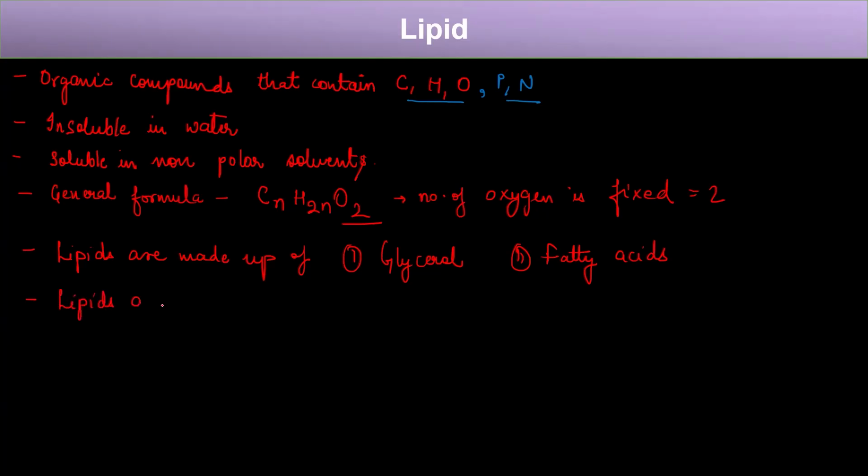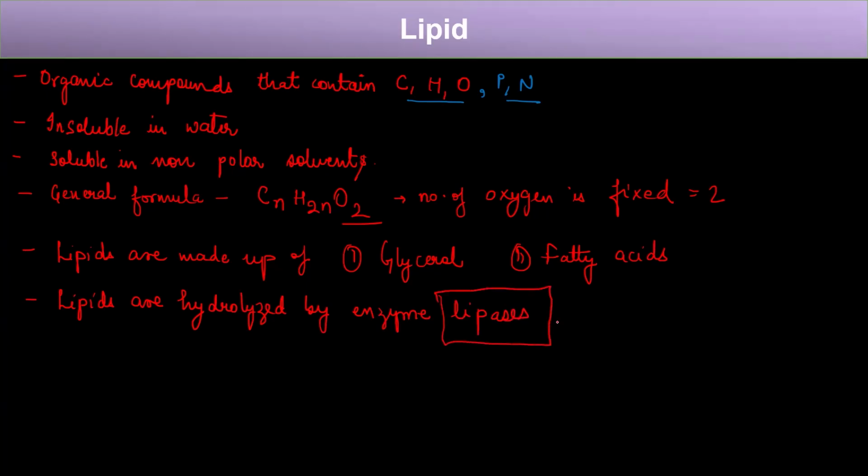Lipids are hydrolyzed by an enzyme called lipases. So when lipase hydrolyzes the lipid, you will get glycerol and fatty acids. Okay, so this is the introduction of the lipid.